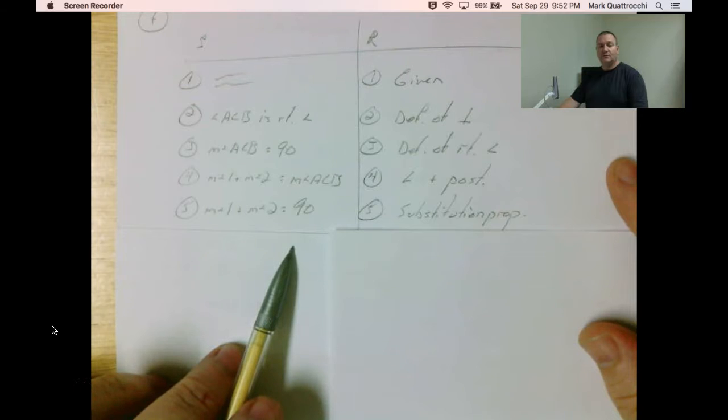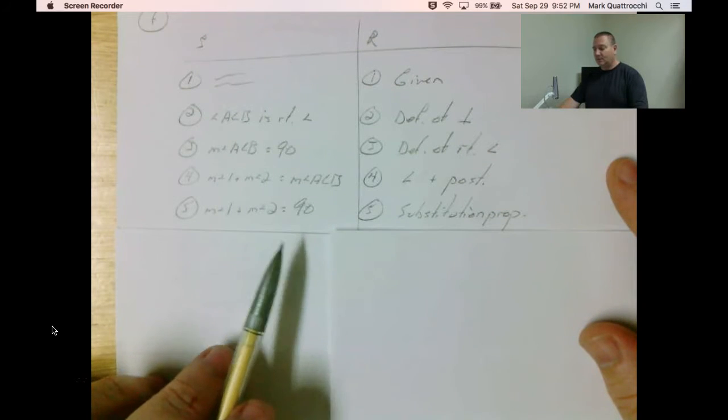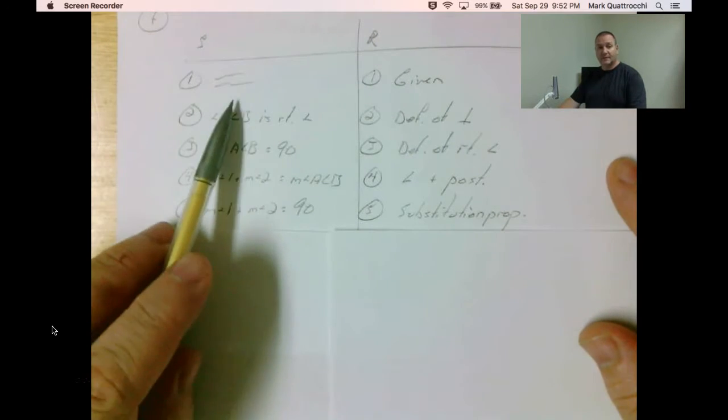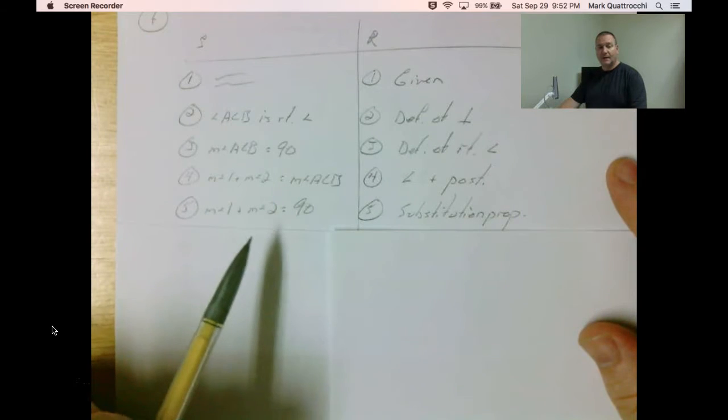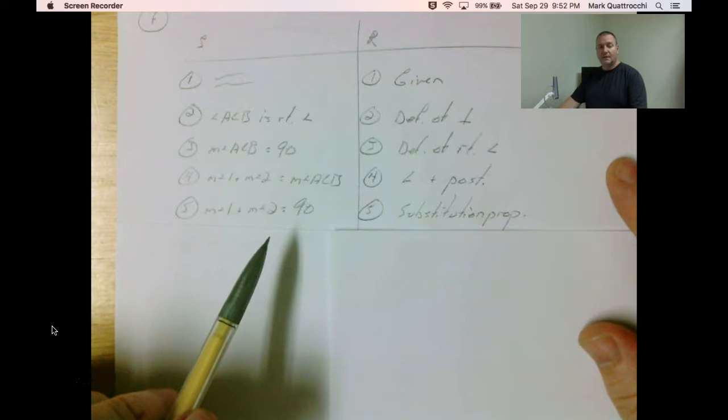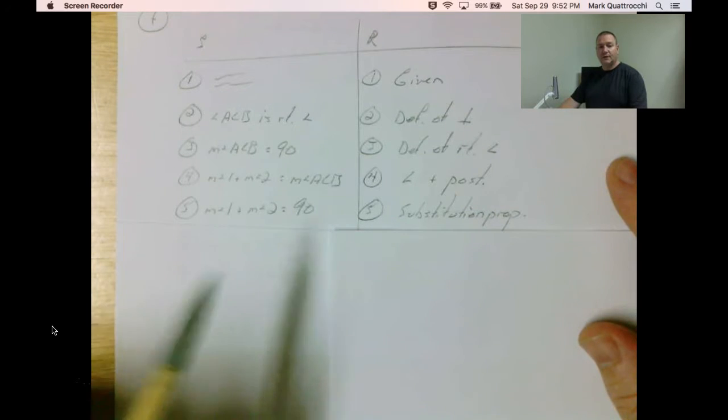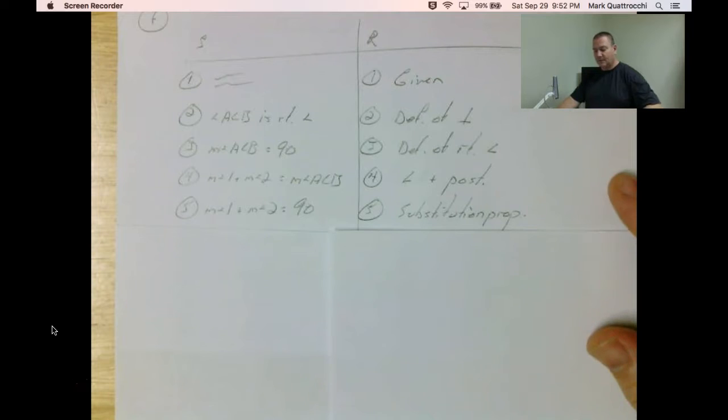Because angle 1 and angle 2 are complements, and angles 1 and 3 are complements, that's up here in the given, then angle 2 and angle 3... Actually, let's write it out.